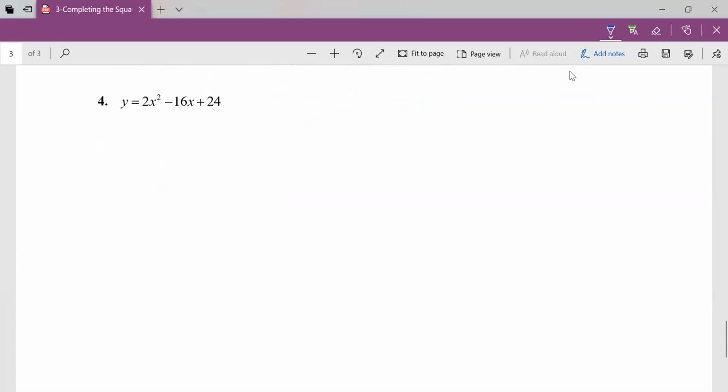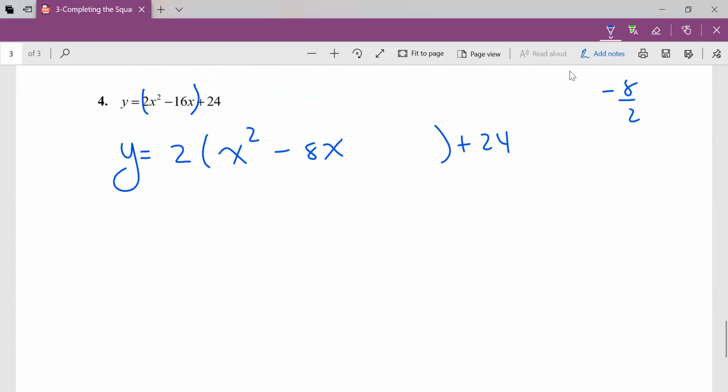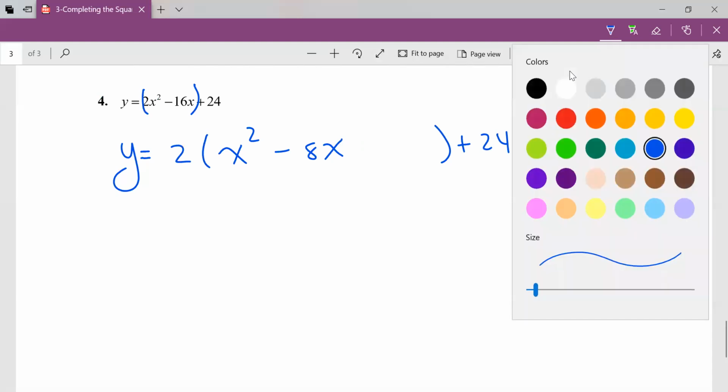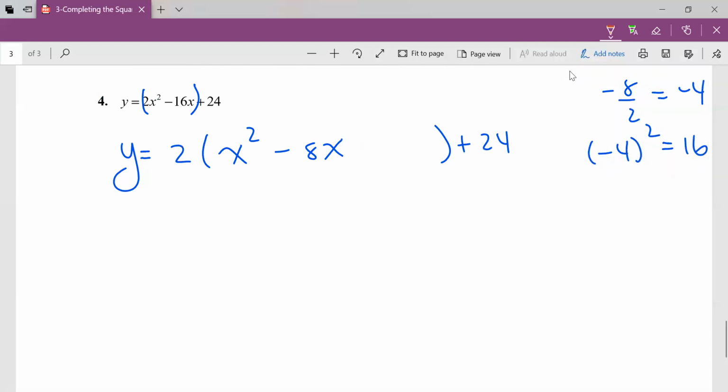Okay, last one. Again, I notice right off the bat that it's not just x squared, it's 2x squared. So to fix that, I'm going to factor out a 2, just like that. Perfect. Middle term divided by 2 is negative 4. Negative 4 squared is 16. So when we balance here, we're going to be careful.